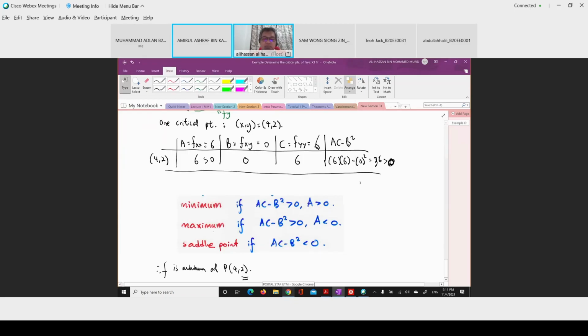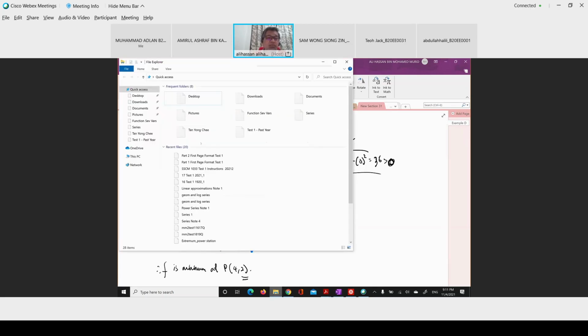We are actually a little bit behind. According to the weekly plan, we should have started multiple integrals, I don't know when, last week or this week. Let's look at our lecture plan.